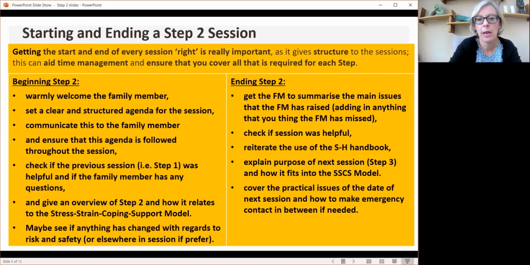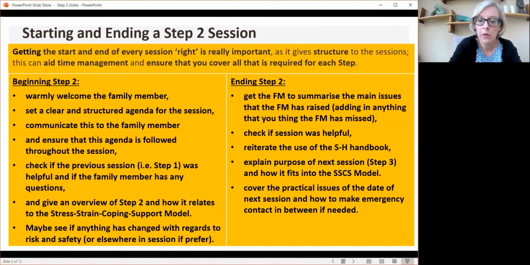So in summary, at the beginning of step 2, the practitioner should always warmly welcome the family member. Set a clear and structured agenda for the session and ensure that it's followed throughout the session. And check if the previous session was helpful and remind them to see if they've got any questions.